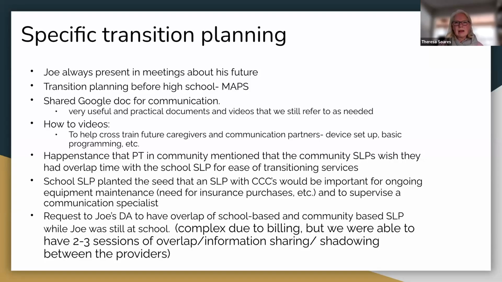It was so helpful because it was all about what Joe thought for himself around his dreams, his interests, his needs, and then also as parents, what was our perspective, for his brother to have input there, and then the whole team that worked with him in middle school, and the receiving team in the high school could learn so much about Joe from that process, in addition to all the sharing of the IEP goals and progress and academic work that he was doing. So I really liked that process.